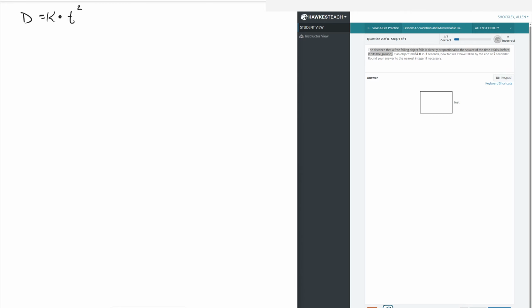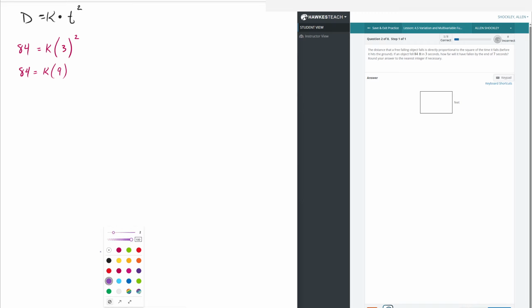And now we're going to use the information that they give us. 84 feet in 3 seconds tells me that the distance was 84 feet. 84 equals k times 3 squared. 84 equals k times 9. We're going to divide both sides by 9.